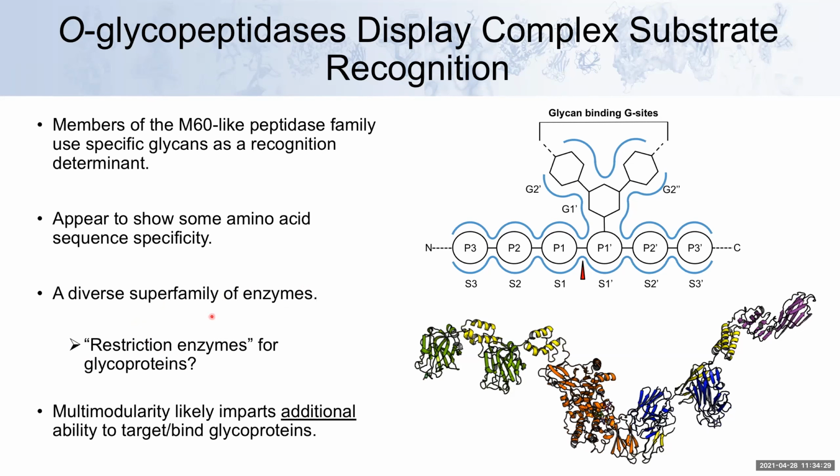So that's something that we would investigate. And of course, these enzymes are now finding quite regular use as tools in glycobiology, where people are using them as mass spec tools to study glycoproteins. Now, of course, we have this additional layer of complexity where the ancillary modules that are present, really common actually in these M60-like enzymes, provide this additional layer of being able to target a protein to its glycosylated substrate.